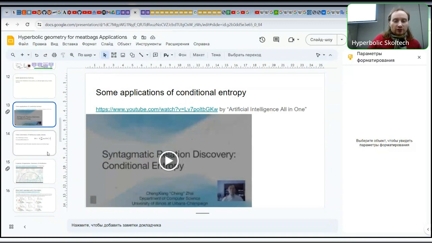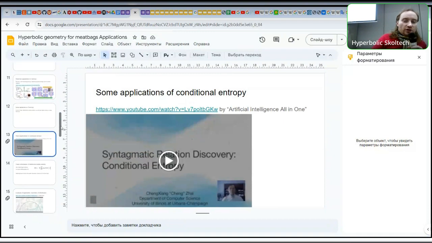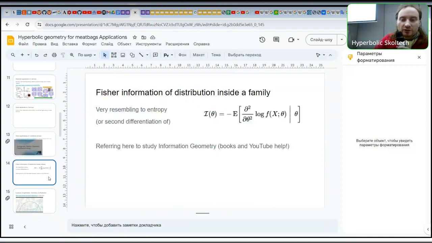So this is a video that, for some distributions, Kullback-Leibler divergence is conditional entropy, and actually it is how easy it is to predict something from given data. This is the main idea that was mentioned here.